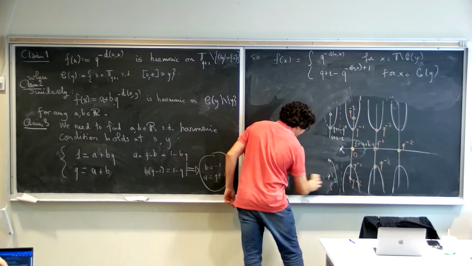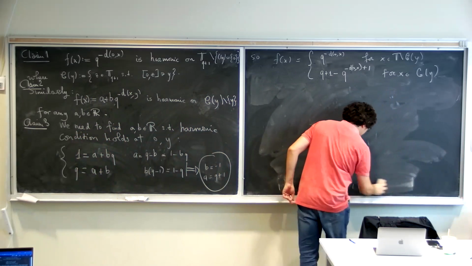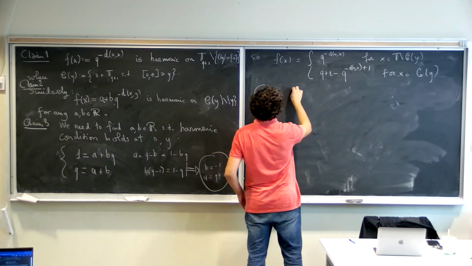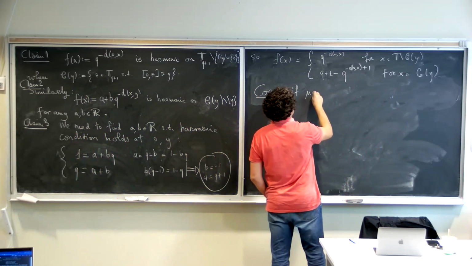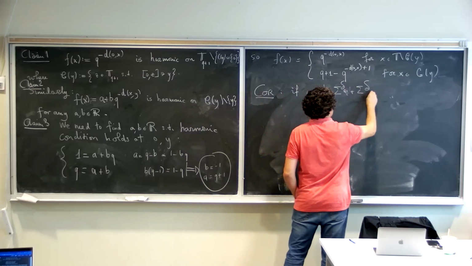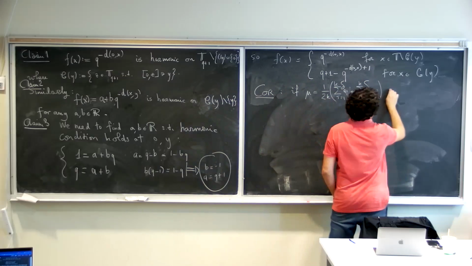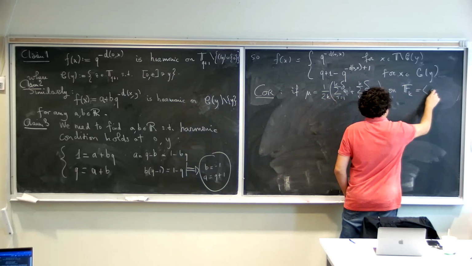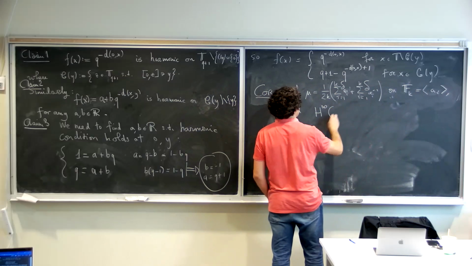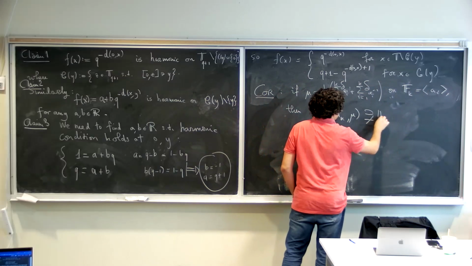As a corollary, we see that the space of bounded harmonic functions for the free group, for the standard generating set, is not just the constants. The corollary is: if mu is the standard measure on the free group generated by the a_i, then the space of bounded harmonic functions is bigger than just R.